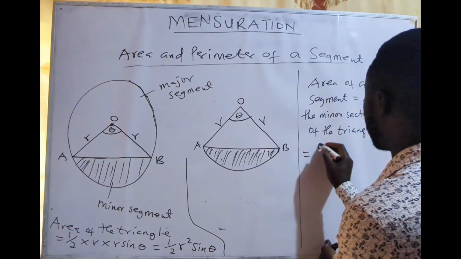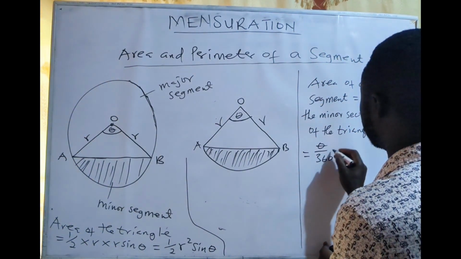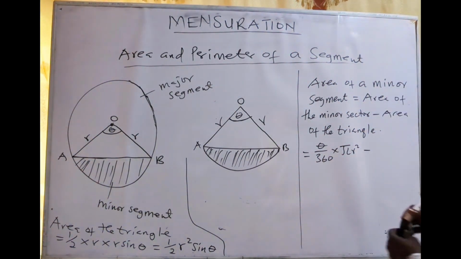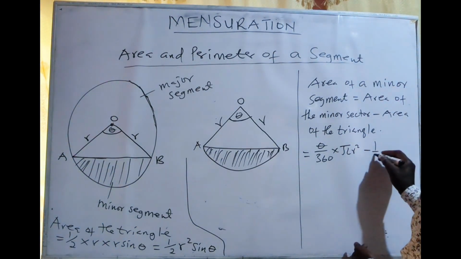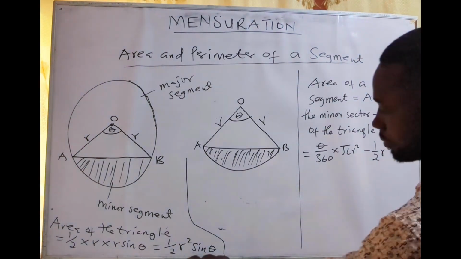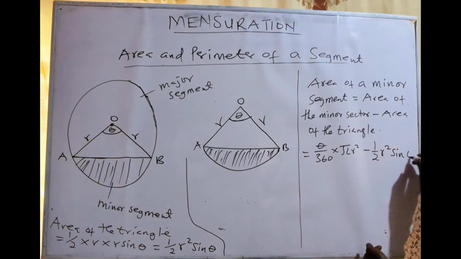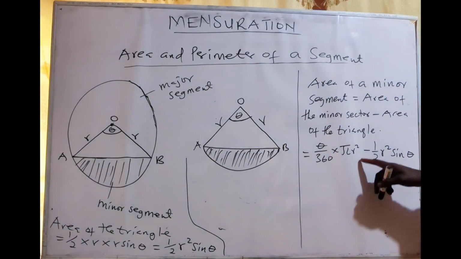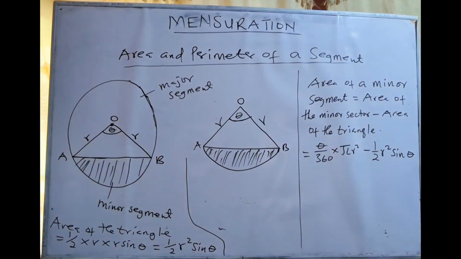That is theta on 360 times pi r squared, minus the area of the triangle, that is half r squared sine theta. So this is the area of the minor segment.